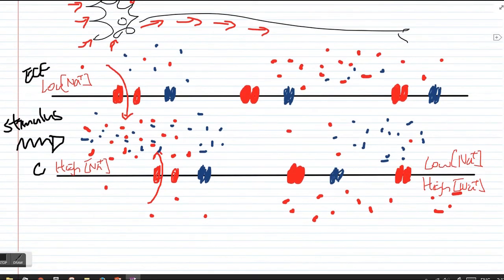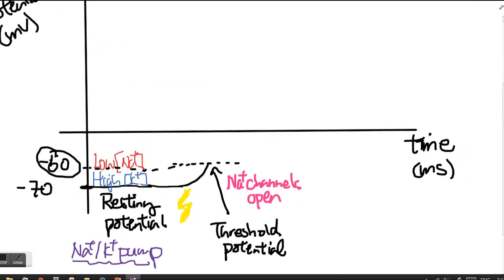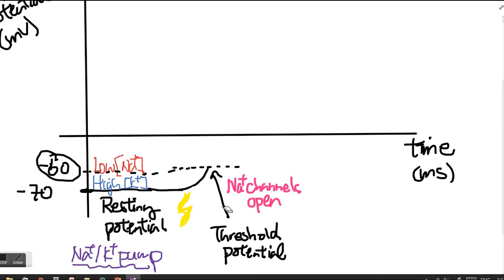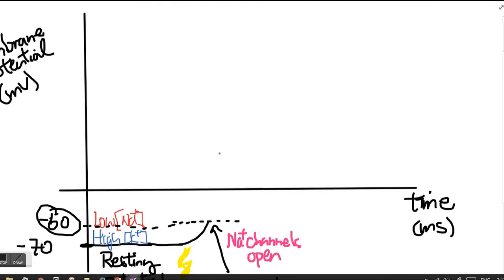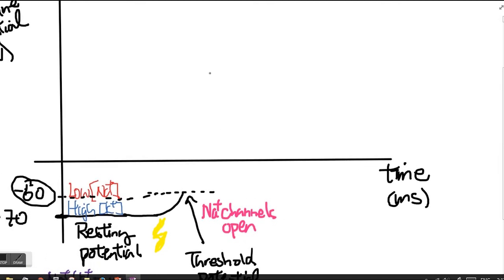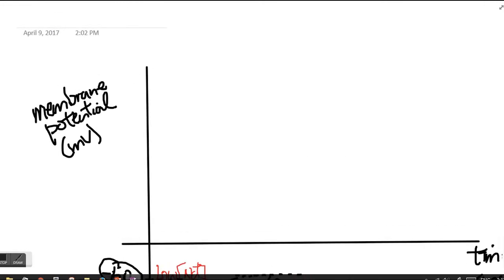Well, after the sodium channel opens at the threshold, and you saw on the drawing, there will be a lot of sodium coming into the cell, and all that sodium coming in will cause the membrane potential to become positive, right?